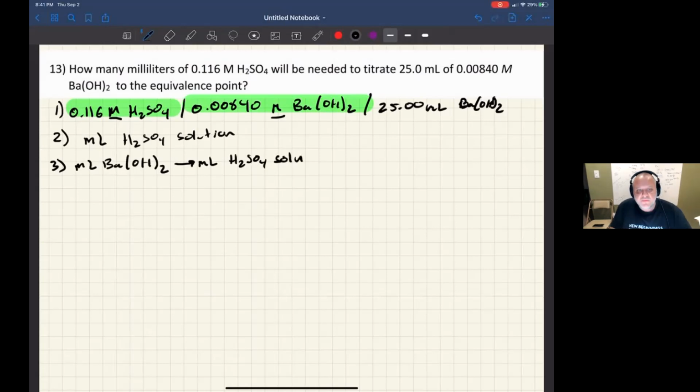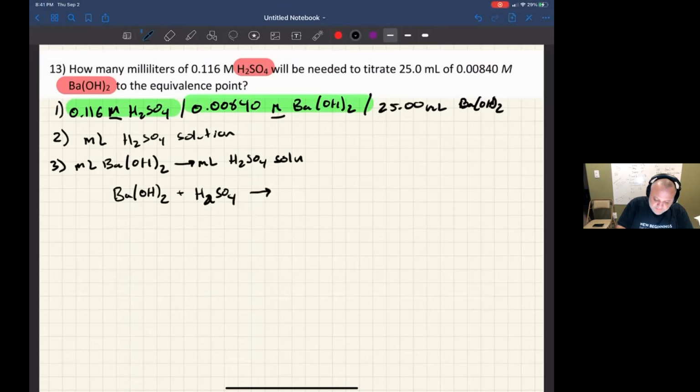In order to do this, I'm going to have some mole to mole conversions because it is asking me about how many milliliters of H2SO4 will be required to titrate barium hydroxide. So I'm going to need to write a balanced chemical equation that describes that chemical reaction in order to be able to correctly process the stoichiometry.